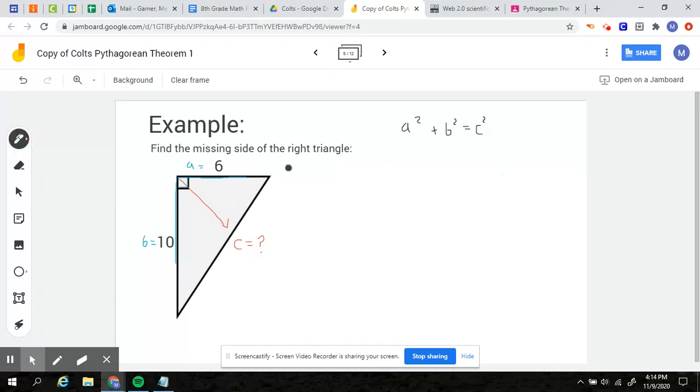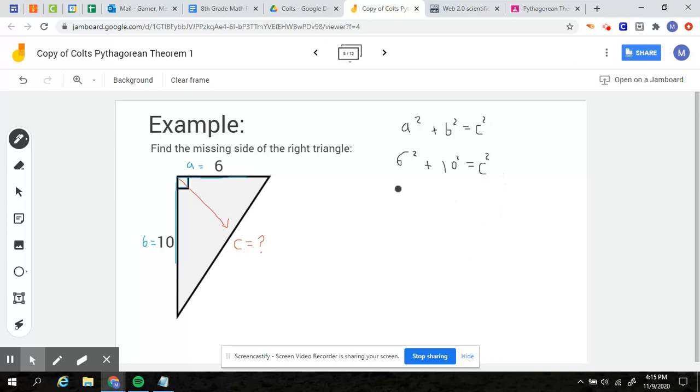So when solving the problem, you're now going to plug in the 6 and the 10 for your a and your b. So you're going to get 6 squared plus 10 squared equals c squared. Remember, that stays a variable, that stays c, because we don't know what it is yet. That's what we're trying to find. Now simplify.